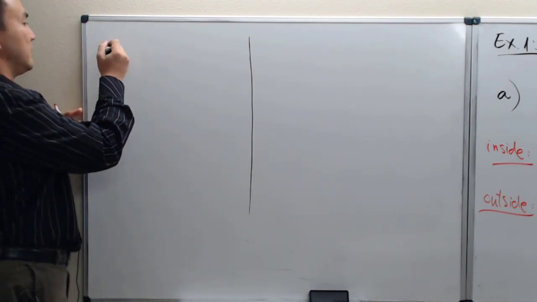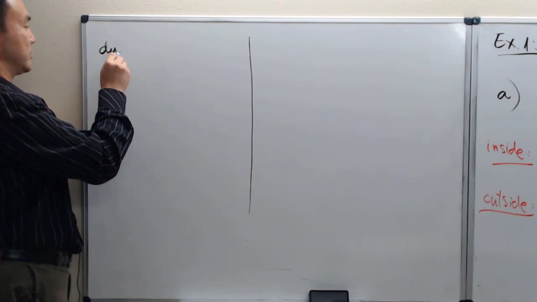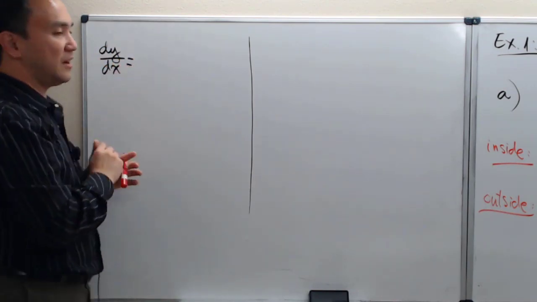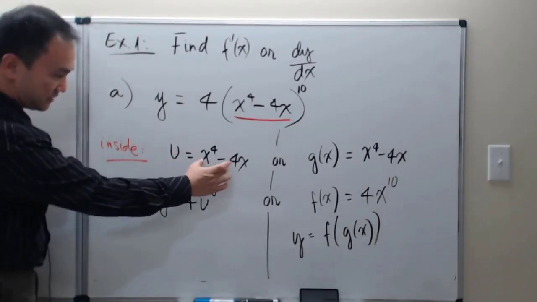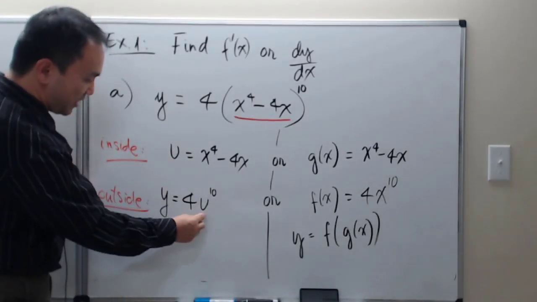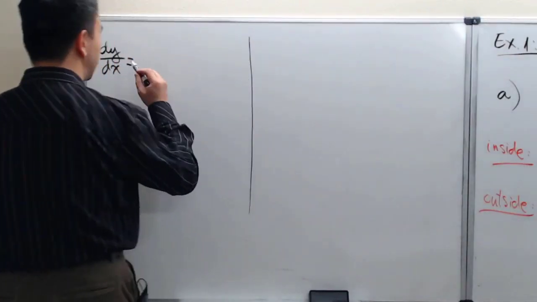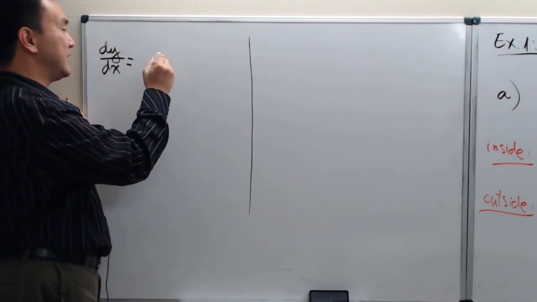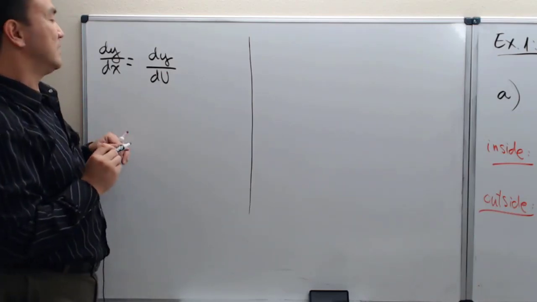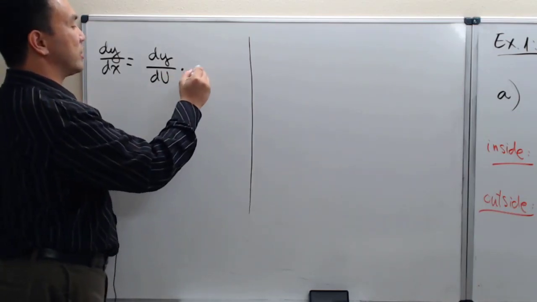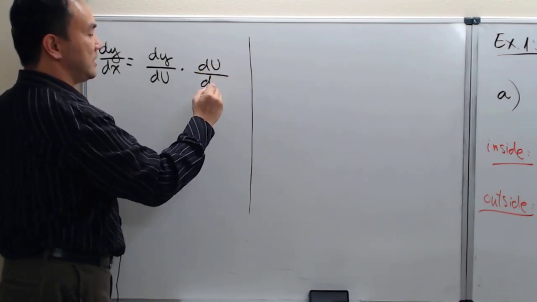If we are staying with the traditional dy dx symbol, the style on the left hand side, using short variables like this, then remember the chain rule says we take the derivative of the outside first, namely dy du, and multiply with the derivative of the inside function, and the inside function is du dx.